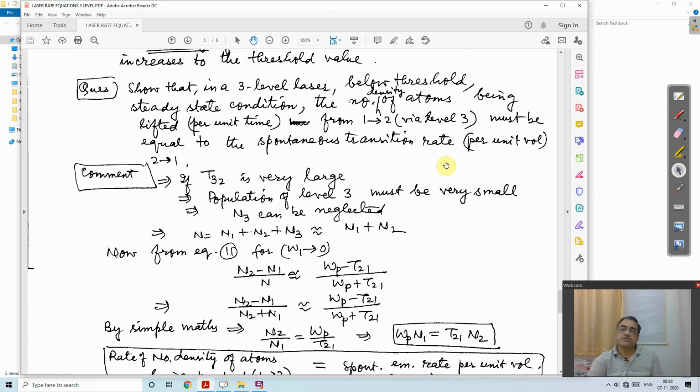Now, spontaneous transition rates we have seen, and it can be very easily proved. If T32 is very large, that means the transition is very fast from 3 to 2. The population of 3 must be very small, so we can neglect N3.